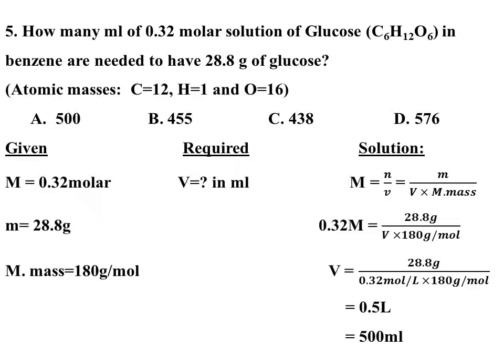Rearranging this equation gives volume equals 28.8 gram divided by 0.32 mole per liter multiplied by 180 gram per mole. This gives 0.5 liter. 0.5 liter equals 500 milliliter. Therefore the answer should be A.